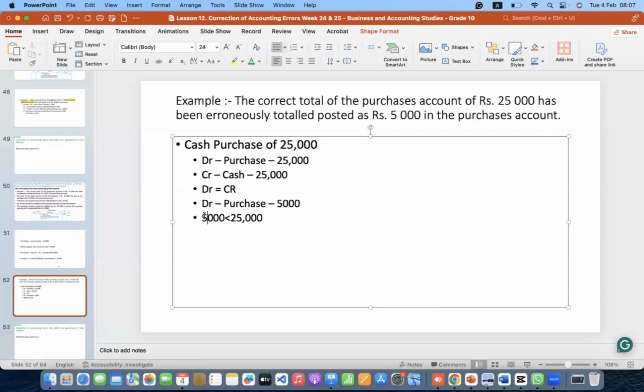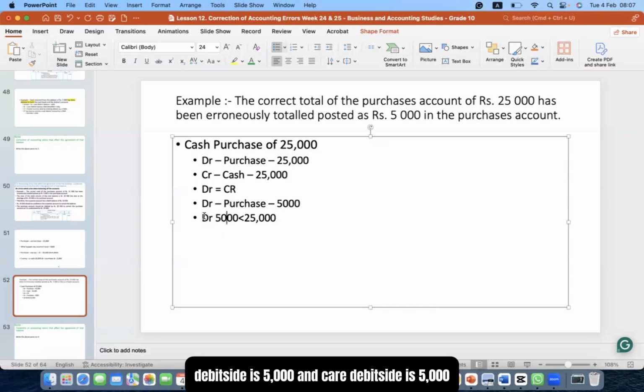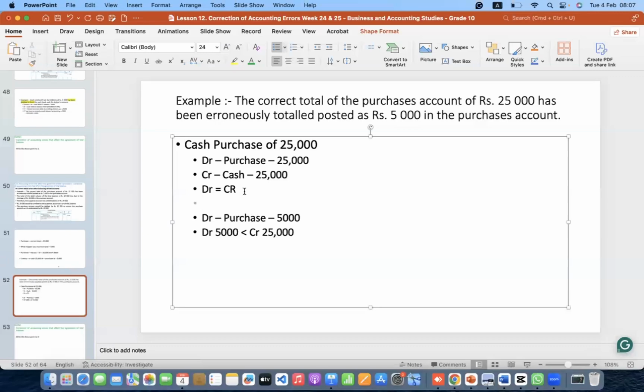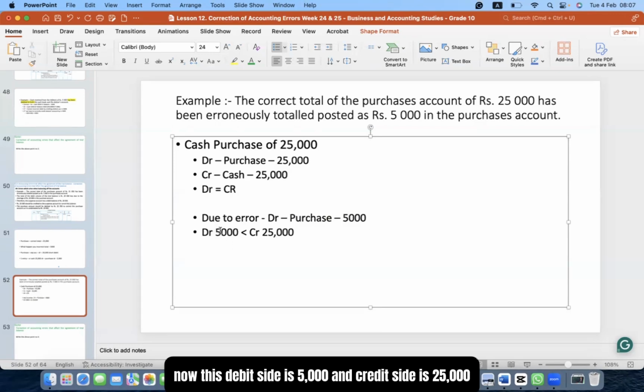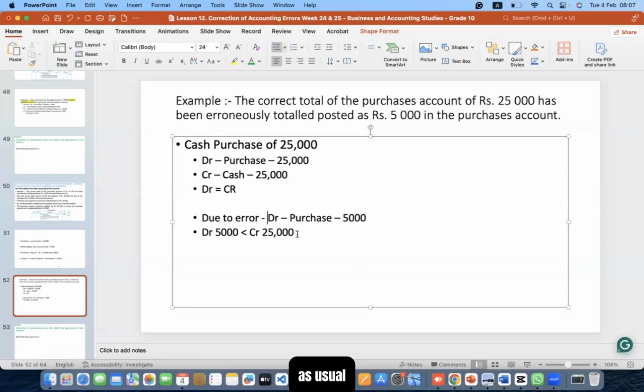The debit side is 5,000 and the credit side is 25,000 now, due to error. Now this debit side is 5,000 and credit side is 25,000 as usual.